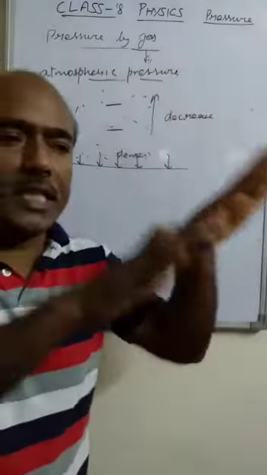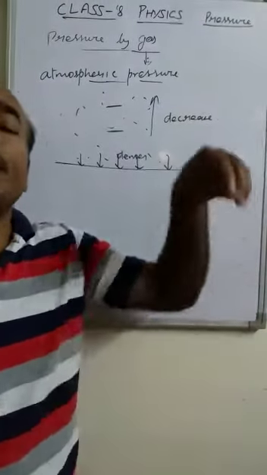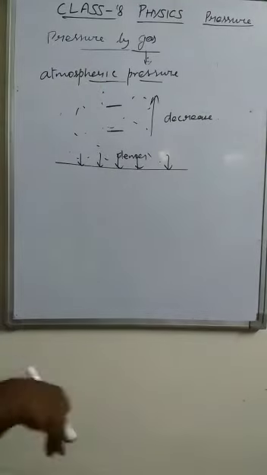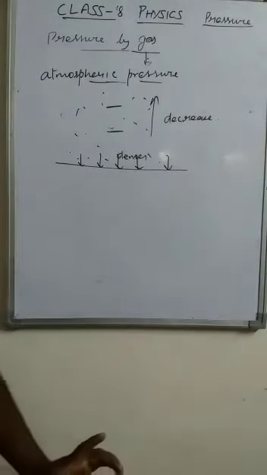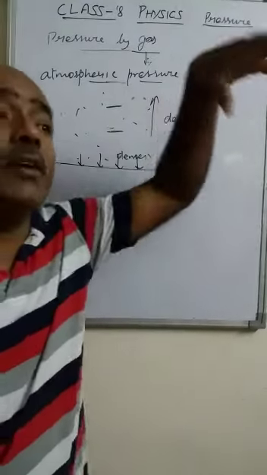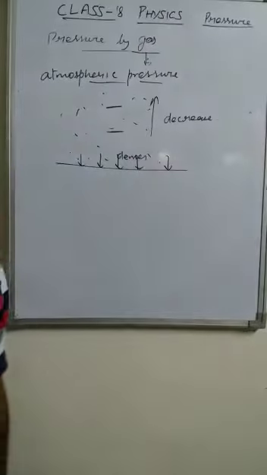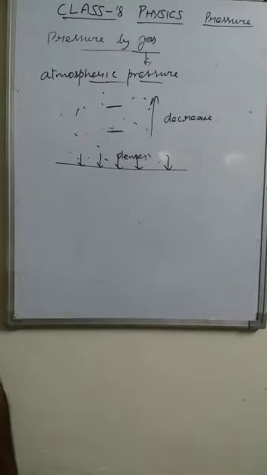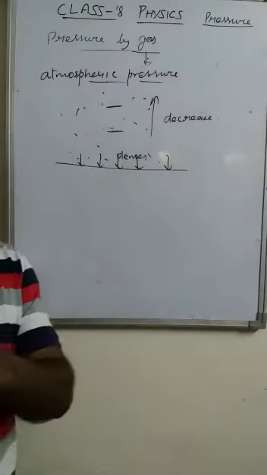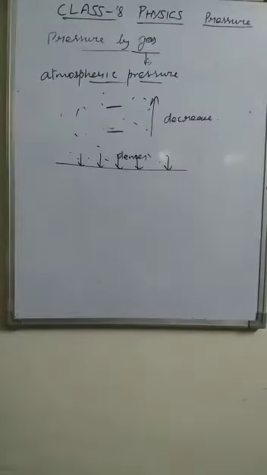Even if you are sitting in your home, you experience pressure from the upper side, that is atmospheric pressure. And that atmospheric pressure upon everyone is very, very large. If that pressure is measured, it gives a very large value.